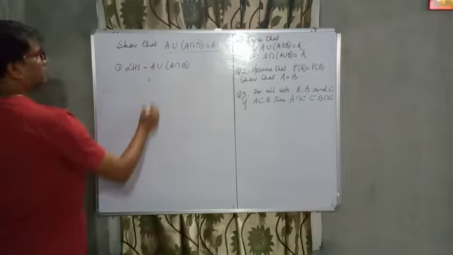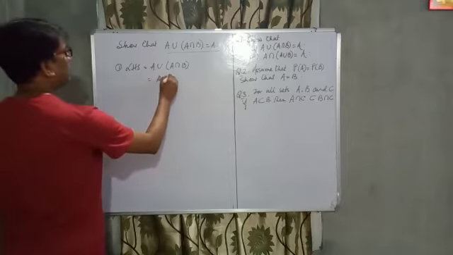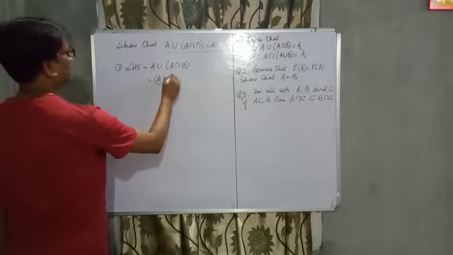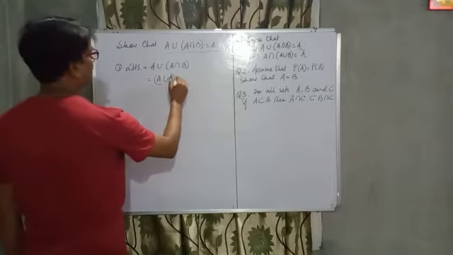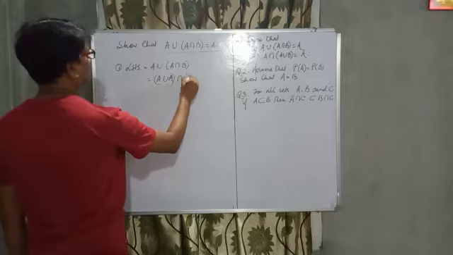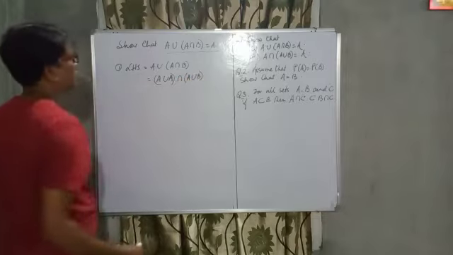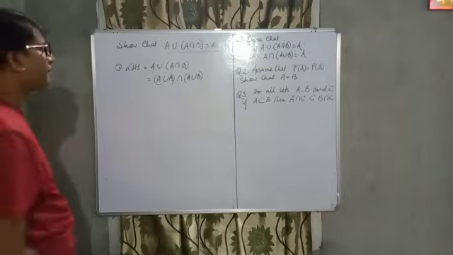That we can say (A union A) intersection (A union B). Okay.